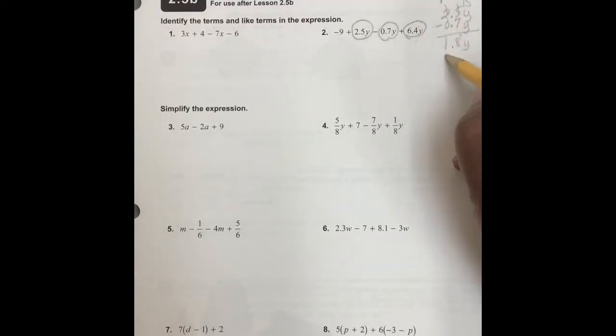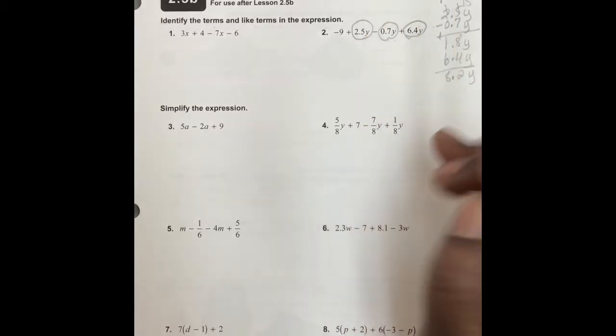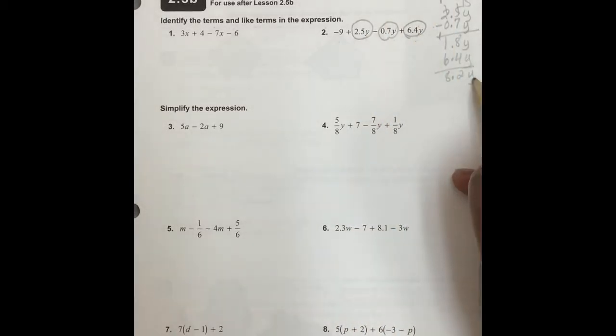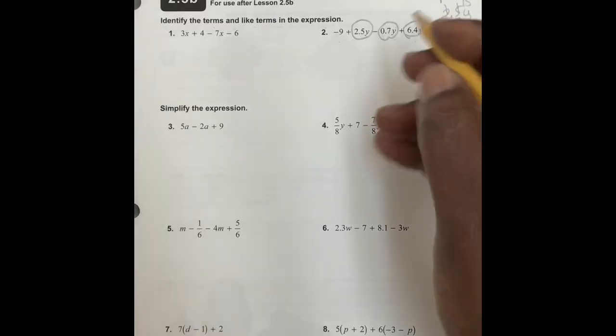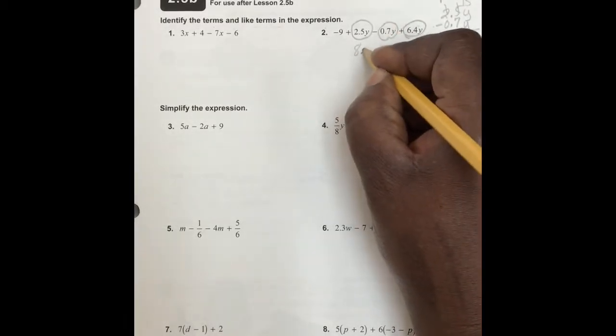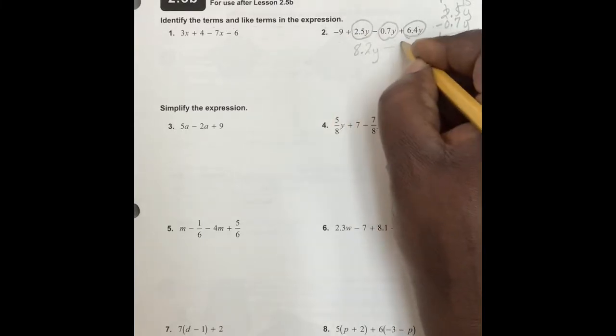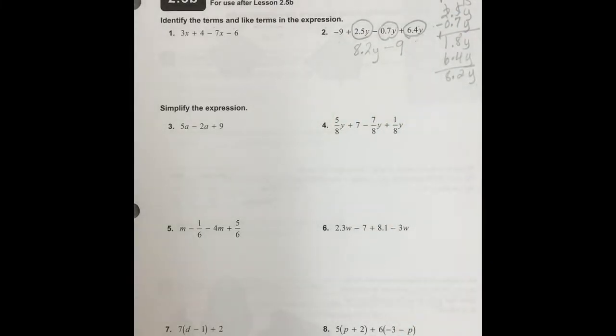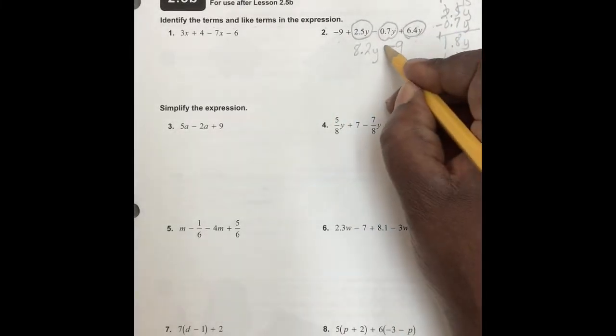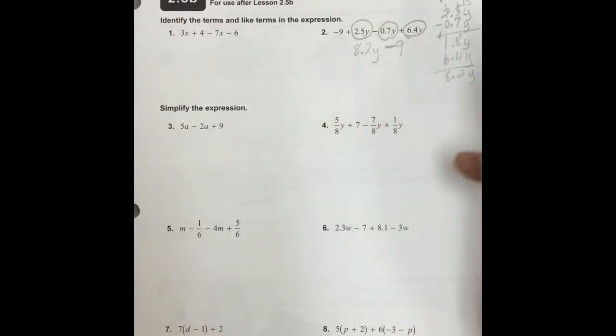Then we would add our 6.4y, and therefore we have 8.2y once these are combined. So we put it in algebraic expression order. The variables come first. So therefore it's 8.2y minus 9. Okay? And that would be the answer to this one. These two cannot be combined because they are not like terms.